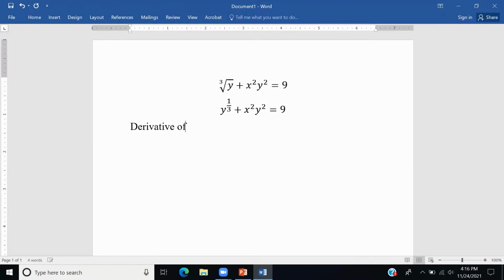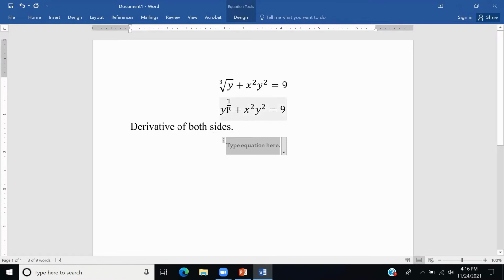Once I do that, I have to realize that y is a function. So taking a derivative of y to the 1/3, I would get 1/3 y to the 2/3, and then multiply times the derivative of the inside function, which is y prime.